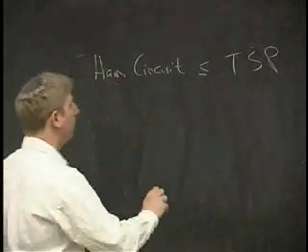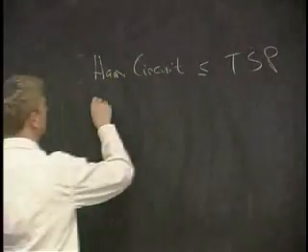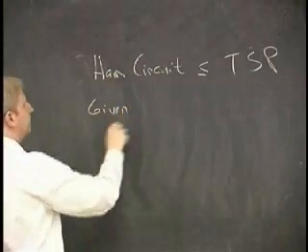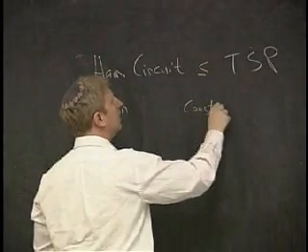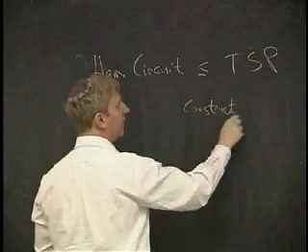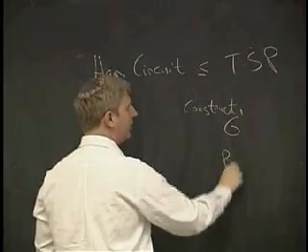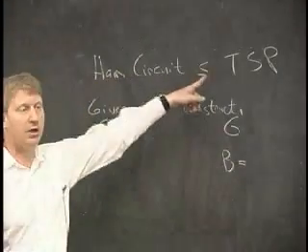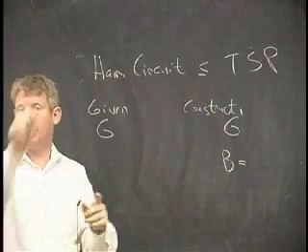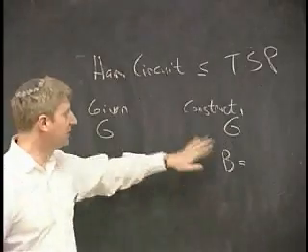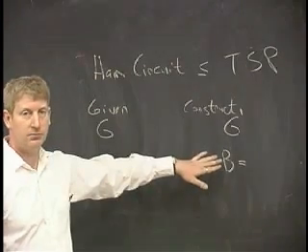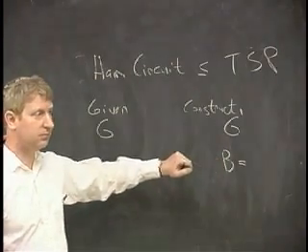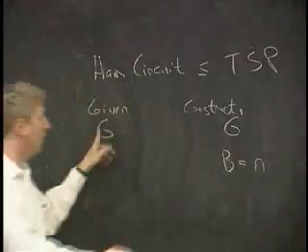So here's what we'll do. Given G, we have to construct the graph for this, which we'll call G prime, and we have to construct B, which is the integer that we're going to try to beat the traveling salesman problem tour by. So the size we're going to beat it by is going to be how much? N, the number of nodes.